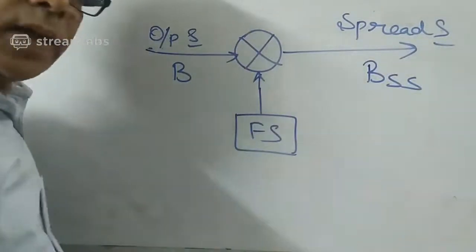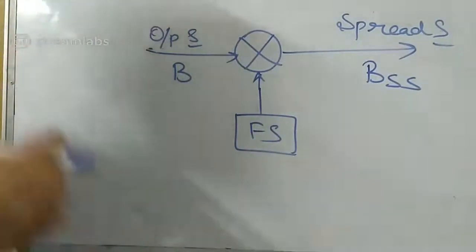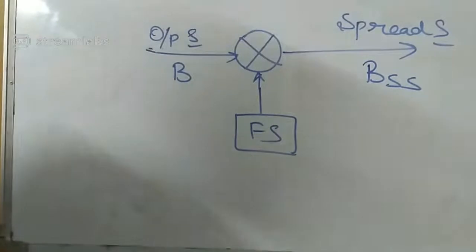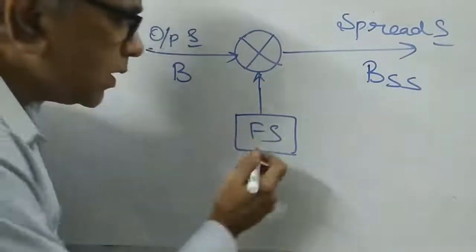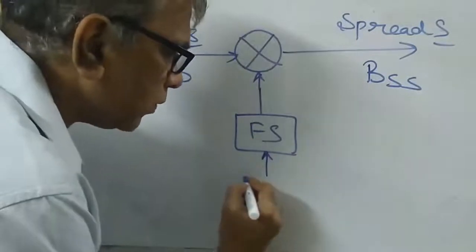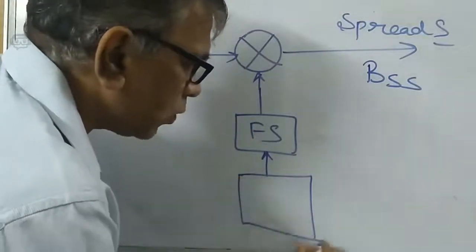Now what will be an input to this FS? How exactly will it generate the different oscillating frequencies? We need to have some way to trigger it. For this I am going to use one lookup table.